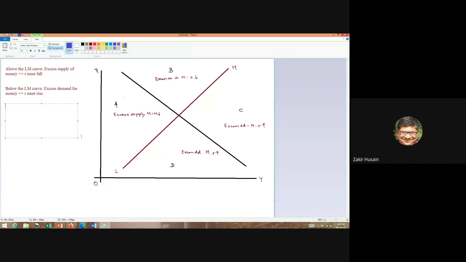So that means you're at point A and D. If you are below the IS curve, then remember, Y is the supply.